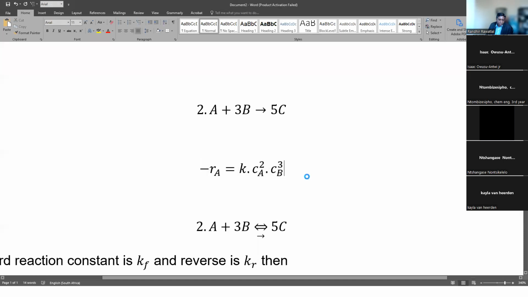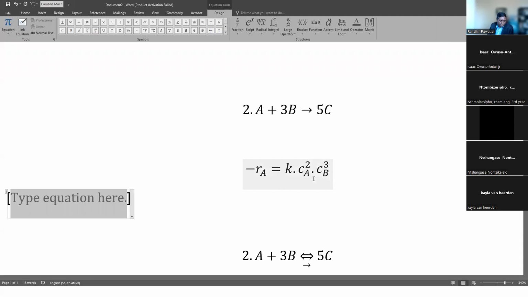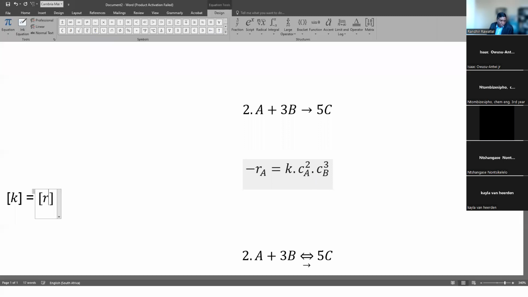And so we can say that the units of k, so I use square brackets for units of k, must equal the units of R divided by the units of C sub A raised to the 2, C sub B raised to the 3.